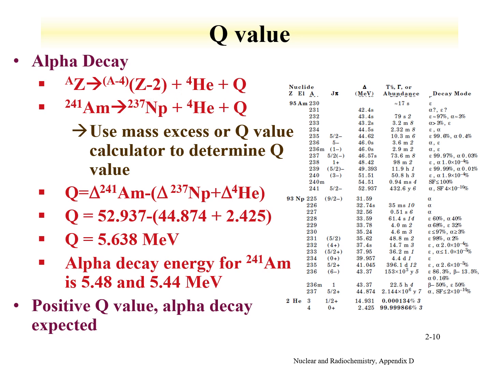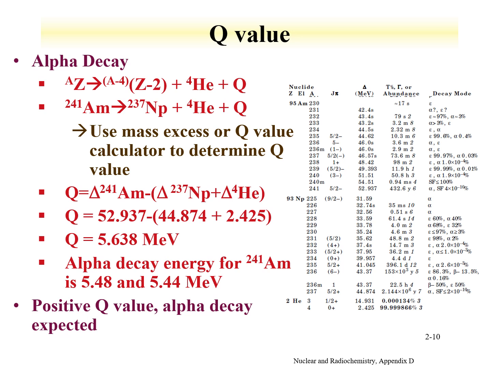So let's consider the alpha decay of americium-241. It decays to neptunium-237 and the alpha particle. The Q value is equal to the mass of the parent minus the sum of the progeny mass and the alpha particle mass. So we can use mass excess to determine this.